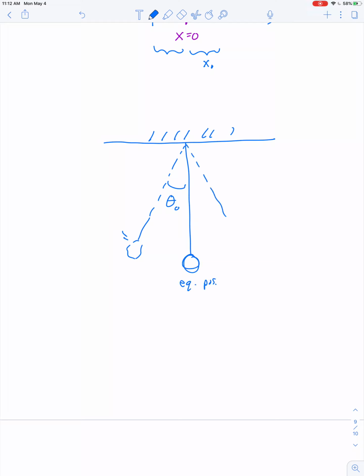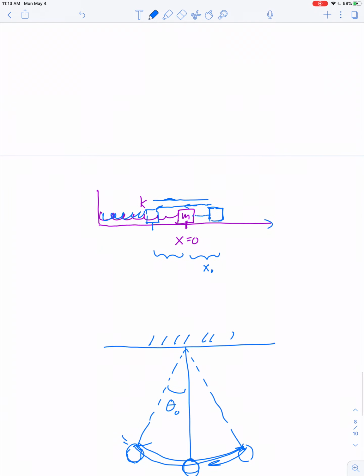It swings to the opposite side before reaching a velocity of zero and then coming back again. So the time it takes to go from the point of release to the opposite side and back again is one full period of motion. And the time it takes for a mass on a spring to compress to the other side and then come back to where the spring is stretched out is one full period of motion.